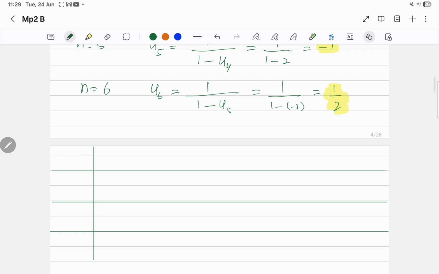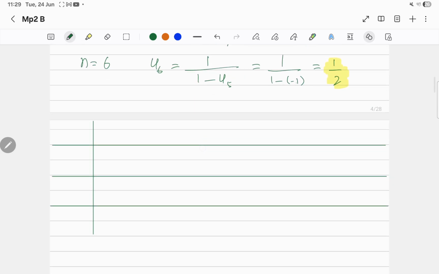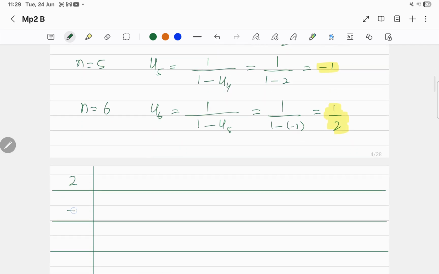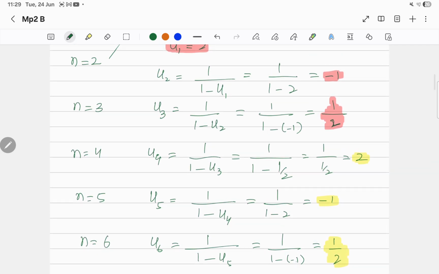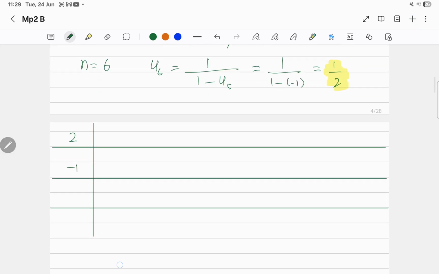Okay, so we know that u1 is 2, and u2 is minus 1, and u3 is half, so it's u1, u2, u3.